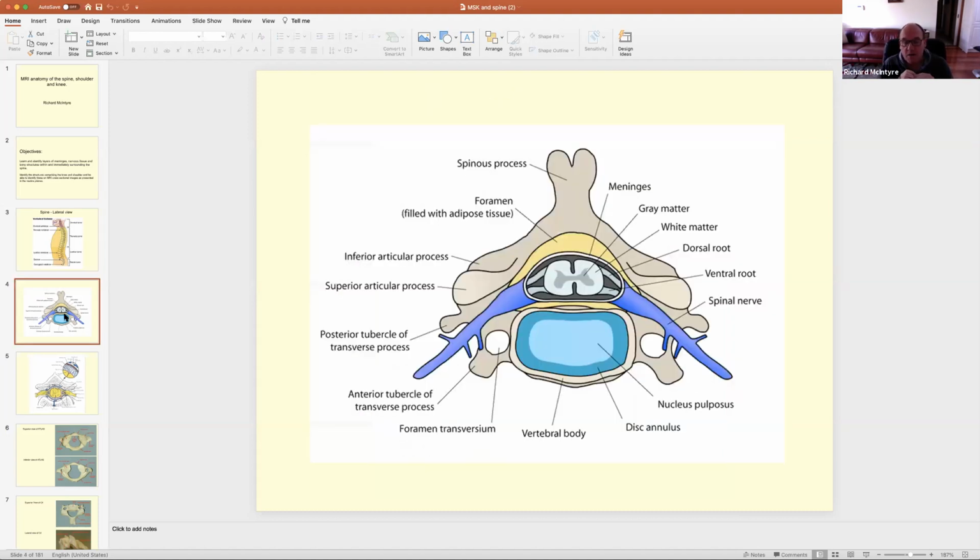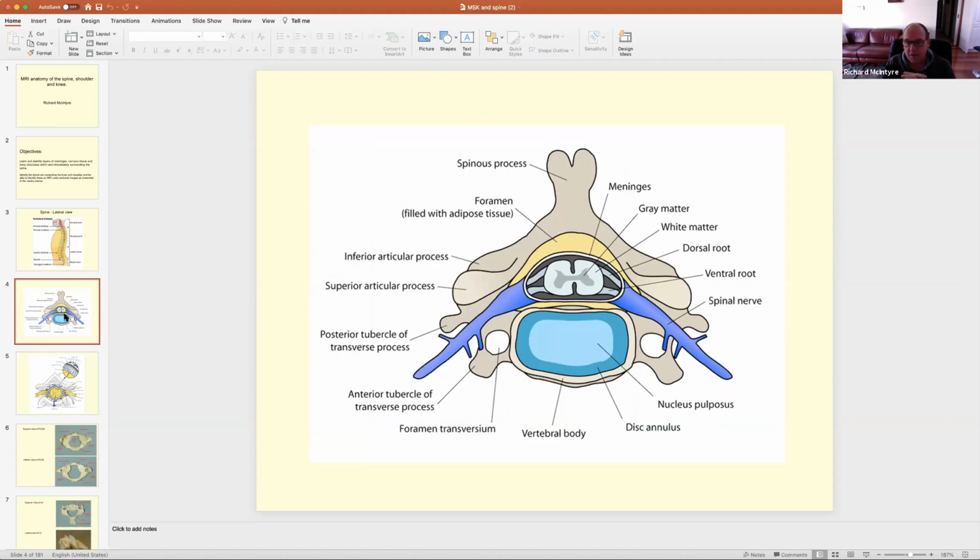MRI gives us a much better indication of the nervous tissues and the soft tissue structures in and around those bony structures. So we're going to concentrate more on the meninges, the different layers, and the different nervous tissue that's in and outside the meninges that we see on the images.